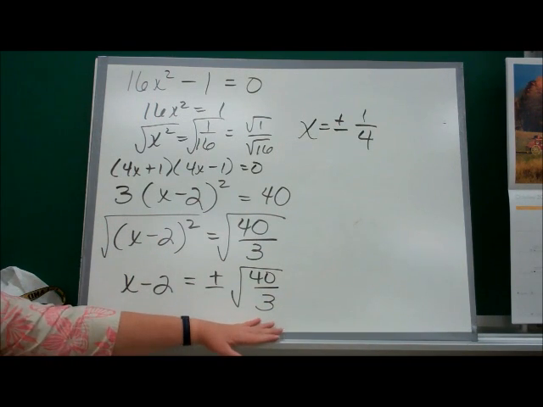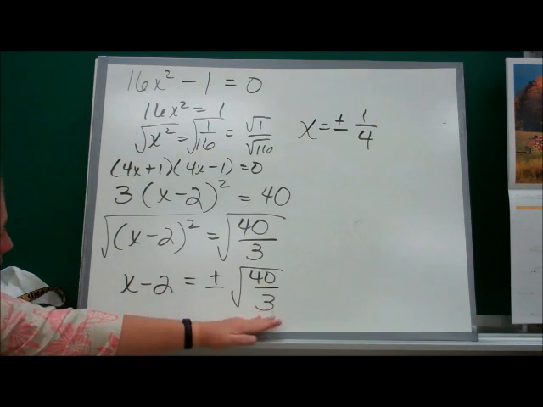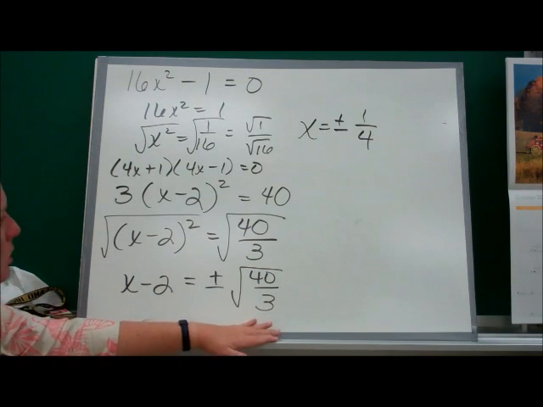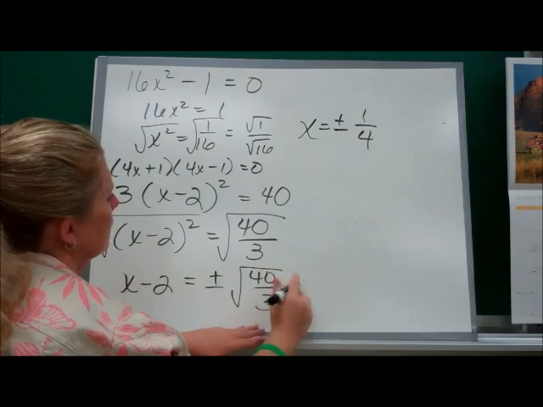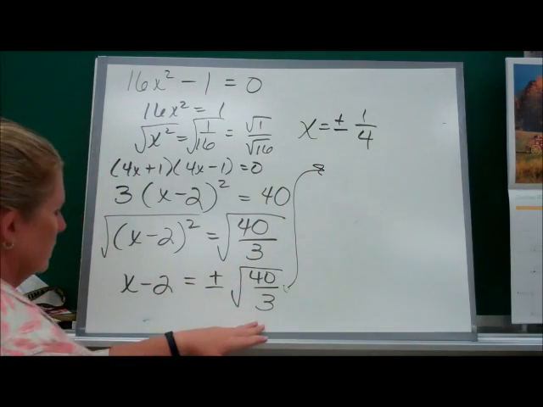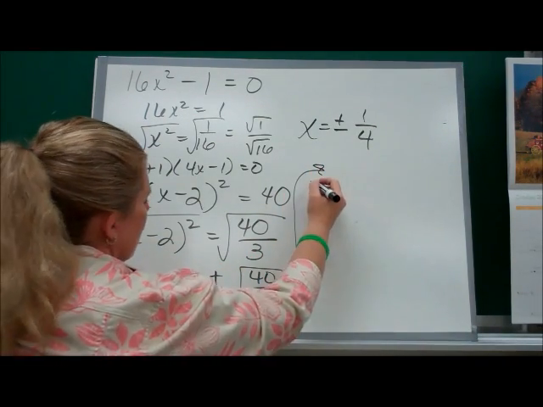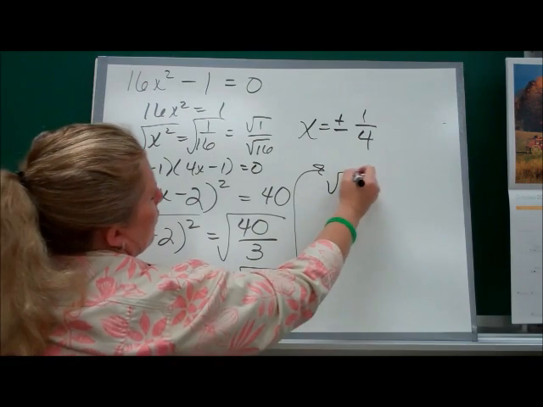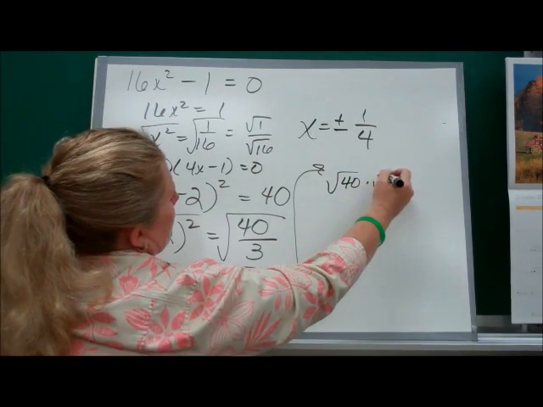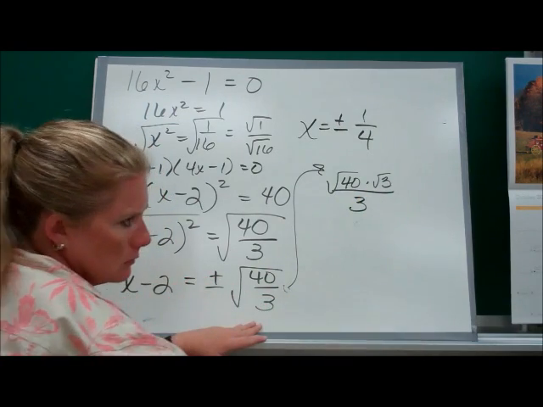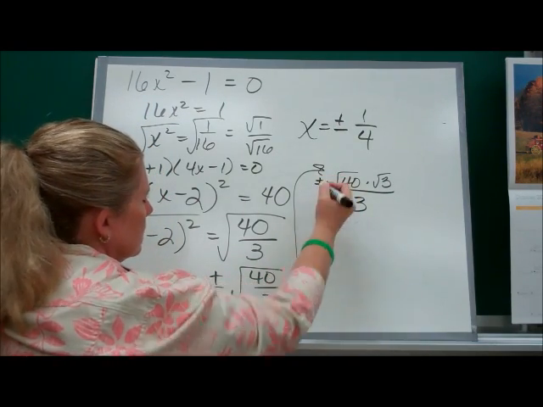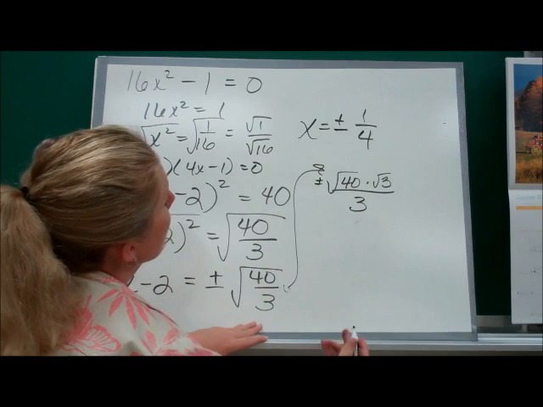We need to rationalize this denominator. Let's do it right now. Okay. When we do that, I'm going to need more space. We're going to have the square root of 40 times the square root of 3 over 3, right? Plus or minus. So do that.